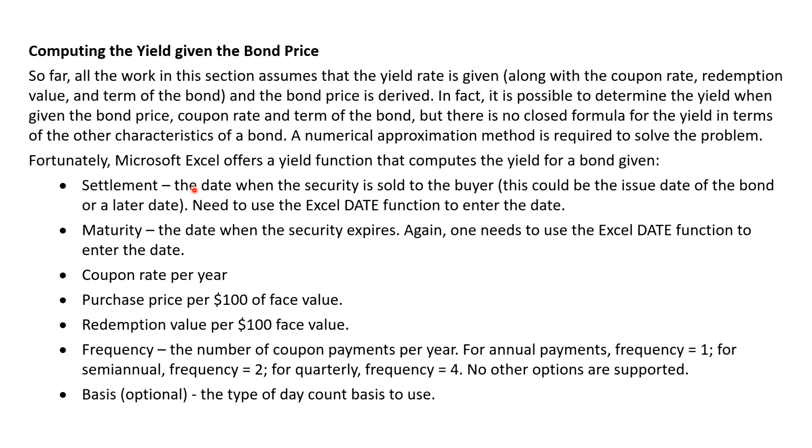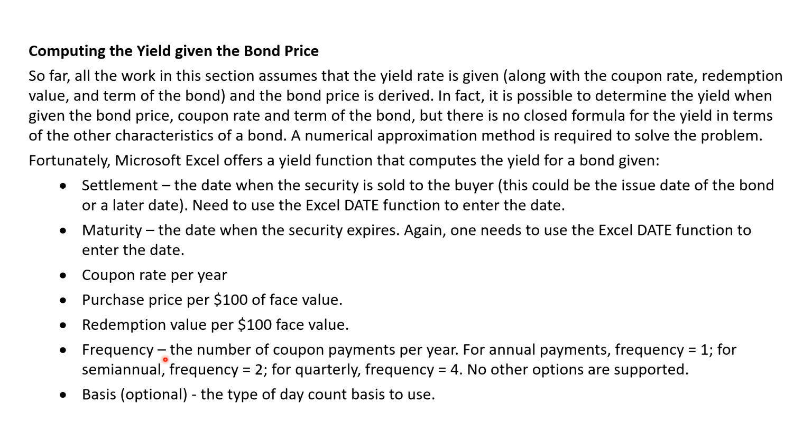The settlement date, that's when you bought it. The maturity, when the bond is redeemed. The coupon rate per year. Then the purchase and redemption per $100 of face value. That's just how bonds are quoted, so that's why they request the information in that format.